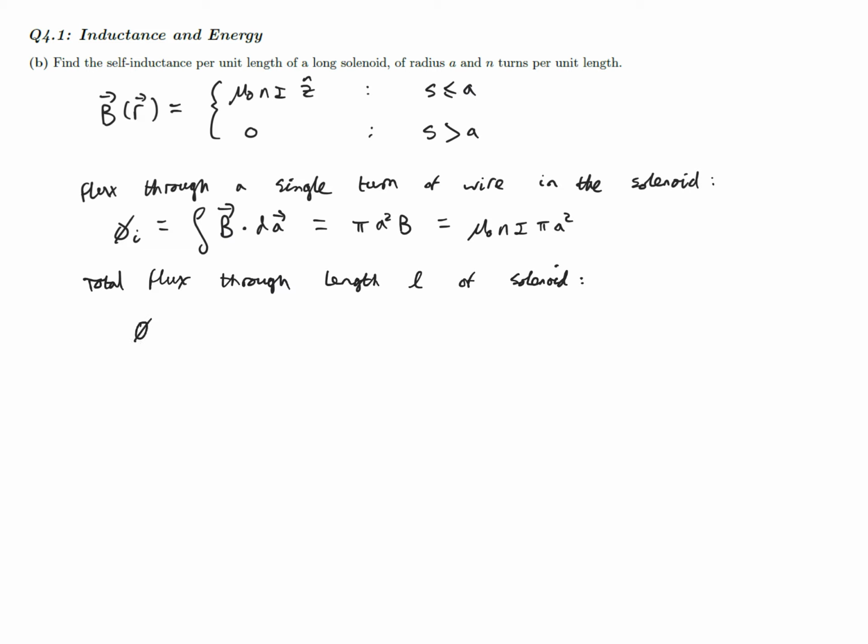So the total phi is therefore just the sum of those individual turns, so that's going to be an extra factor of n in here, so mu naught n squared pi a squared times the current through a single loop I times the length. So n is the turns per unit length, L is the length. And we know that the flux is related to the current through the self-inductance.